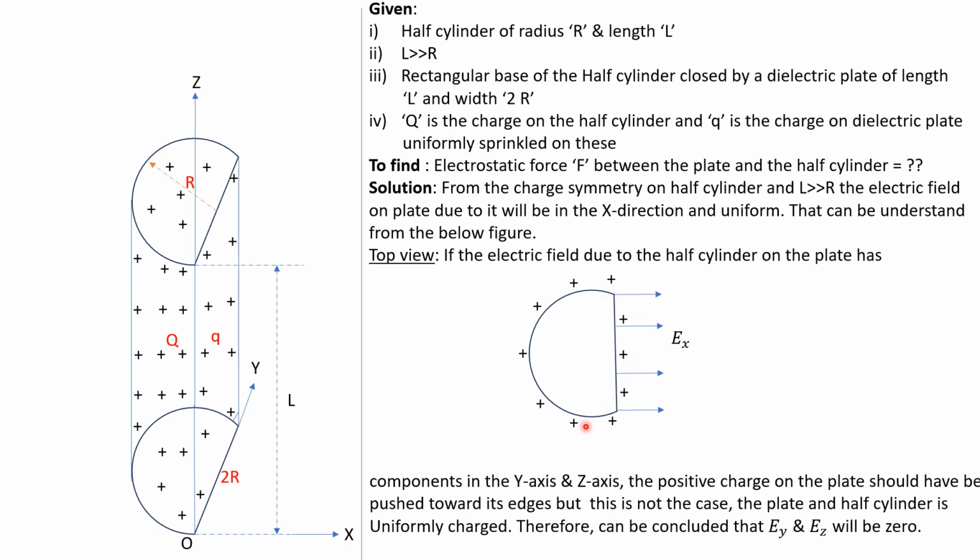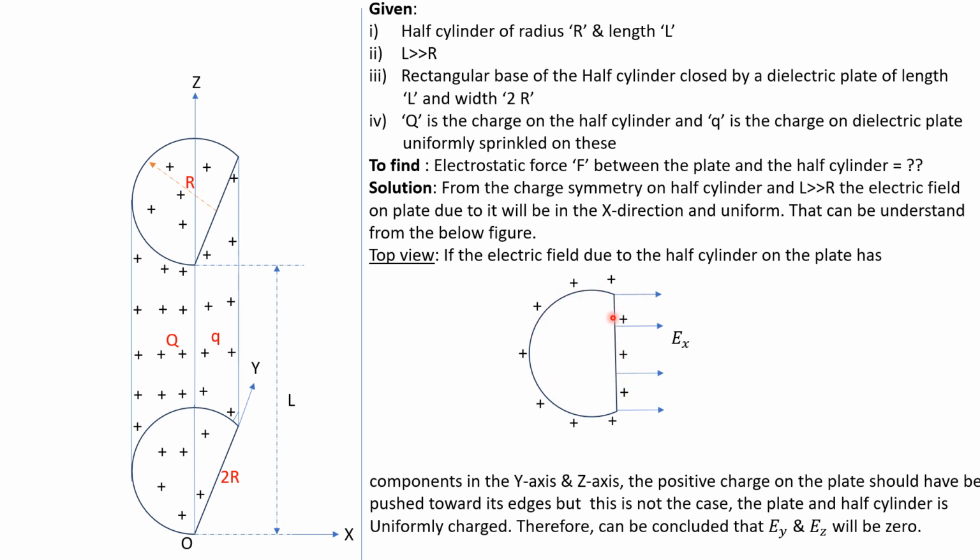Now if we say that the electric field on the plate due to the half cylinder also has components in the y and z direction, then the charge on the dielectric plate should have shifted towards the edges of the plate. But this is not the case here.